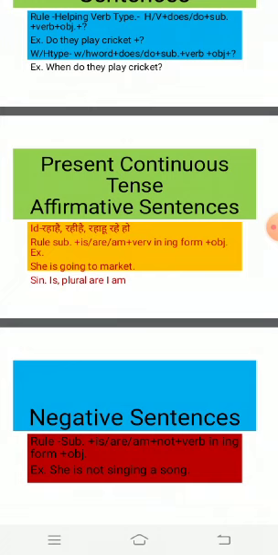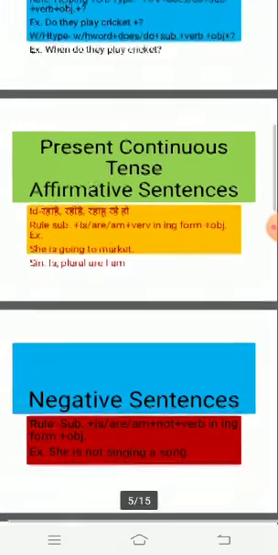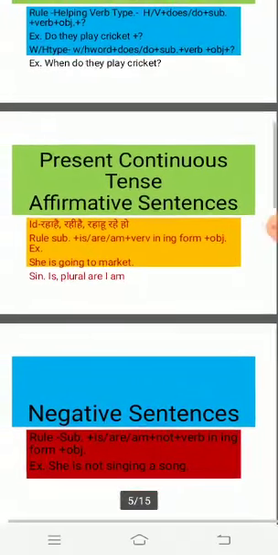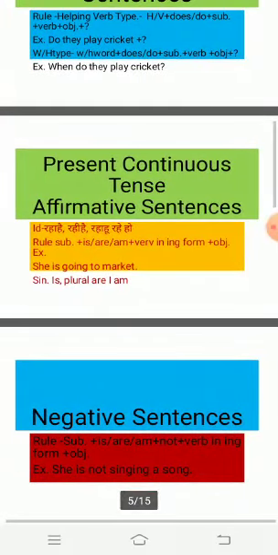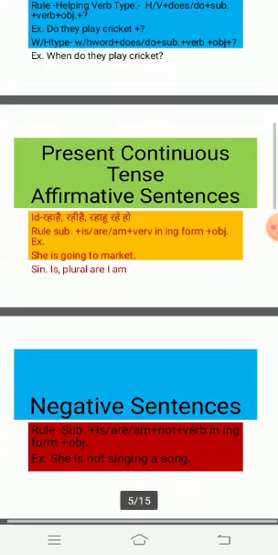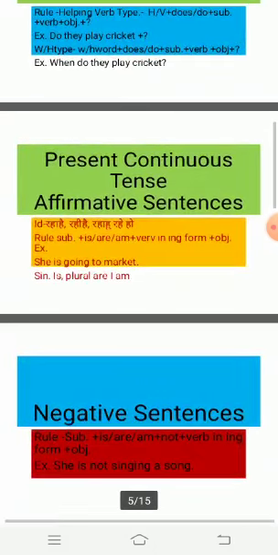Then verb in ing form. In continuous tenses, we always use verb in ing form. Then object. For example, she is going to market.